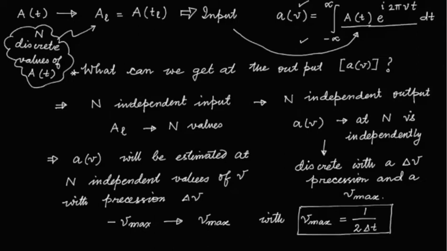So if this is so, and I am choosing minus nu max to nu max, and there are supposed to be again n samples, I can write k_n, the discrete values of k, just like we wrote x_l. So now I have discrete values of k. So this is n into delta k.